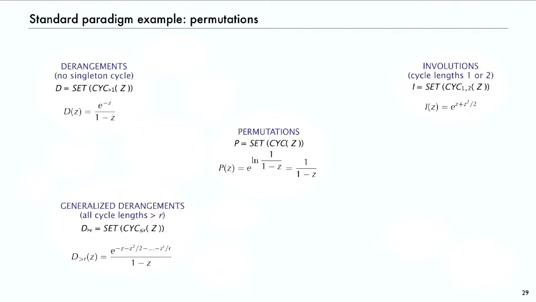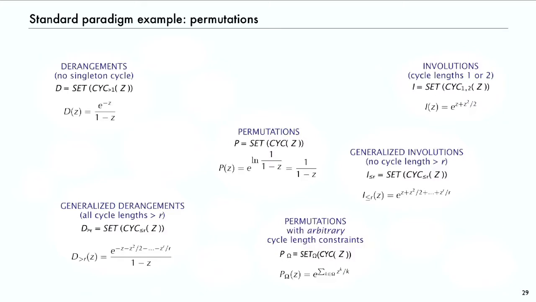We can generalize it in both ways, to look at all cycles bigger than a certain size, or no cycle bigger than a certain size. Or actually, we can have arbitrary cycle length constraints and still get a generating function equation.